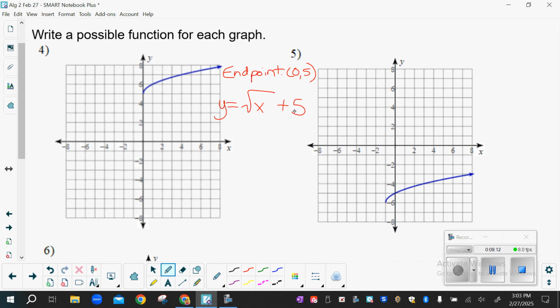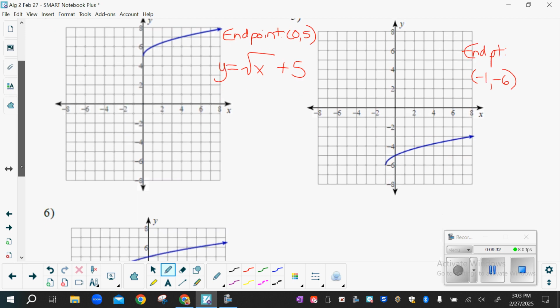Okay, so endpoint on number 5. This group back there, tell me what the endpoint is on number 5. Negative 1, negative 6. Yep. And then what would our equation be?